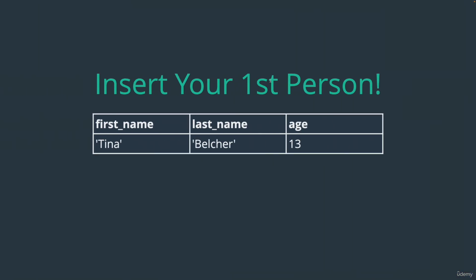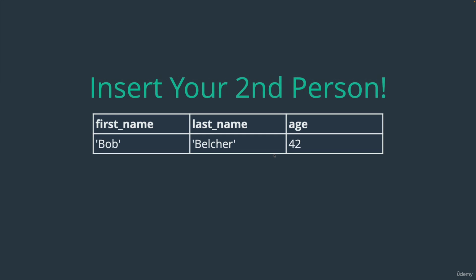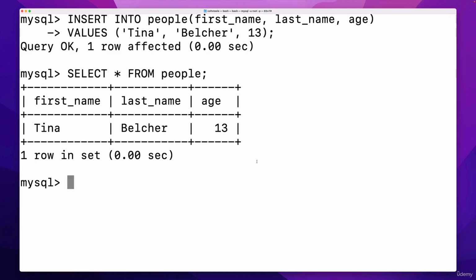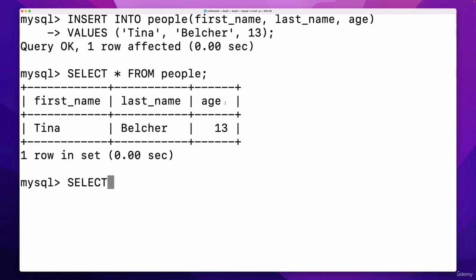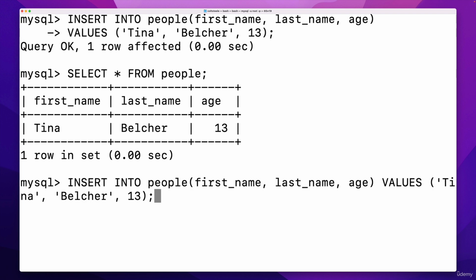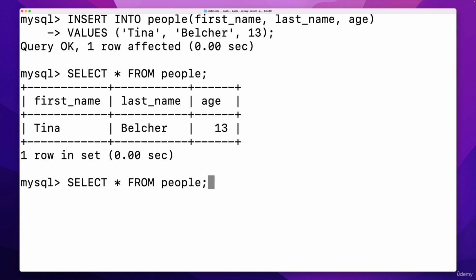All right. So next up, we've got a second person. Bob Belcher is 42. So I'll do it again from the command line. Of course, you can do these from anywhere that you can run a MySQL query, but I'll do an insert. Honestly, I'll just retype the whole thing, but I was going to say I can just recall this line, and I might save myself some time, but it's all right.